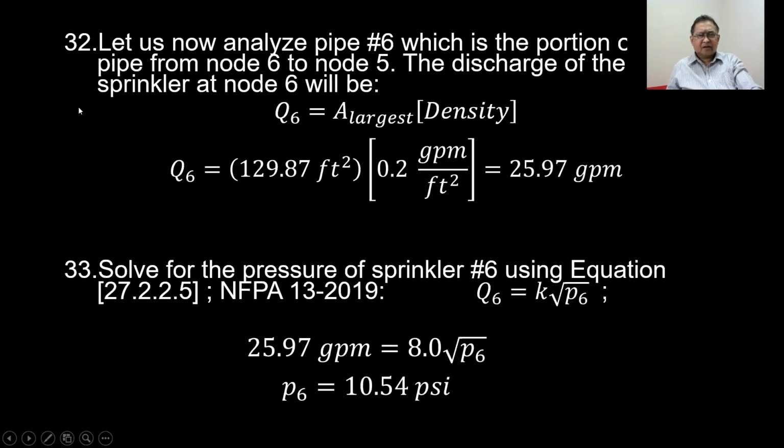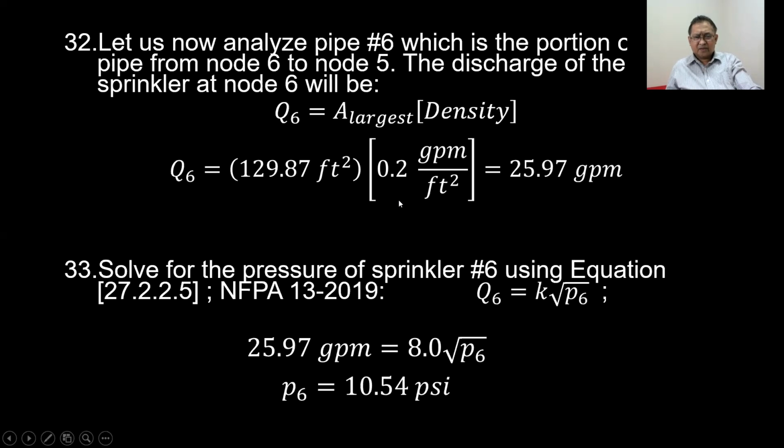And let us now analyze pipe number 6, which is the portion of pipe from node 6 to node 5. The discharge of the sprinkler at node number 6. Again, we will have to start with the largest area covered by any sprinkler in the design area, 129.87 times the density of 0.2 GPM per square feet, 25.97.